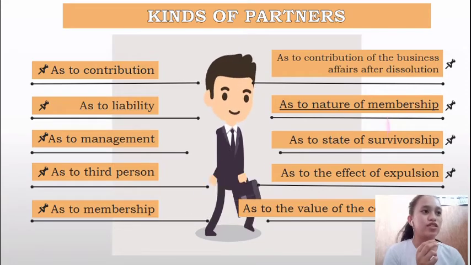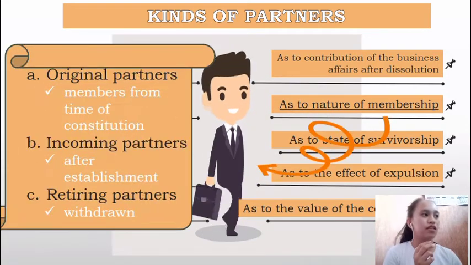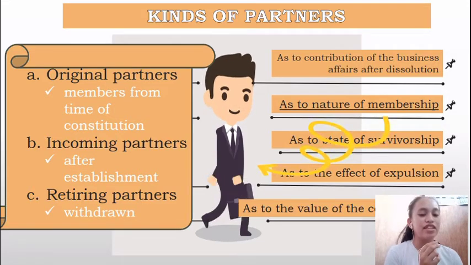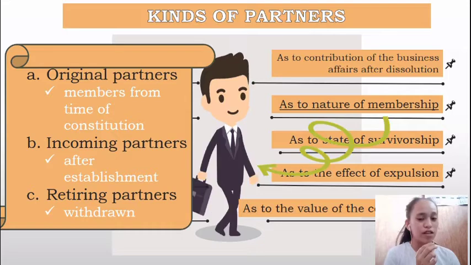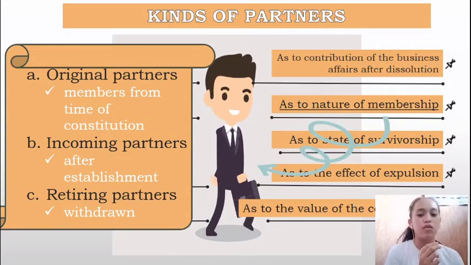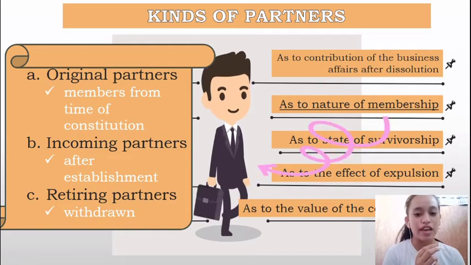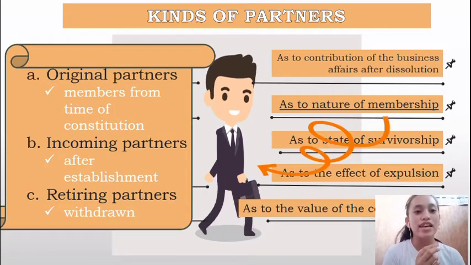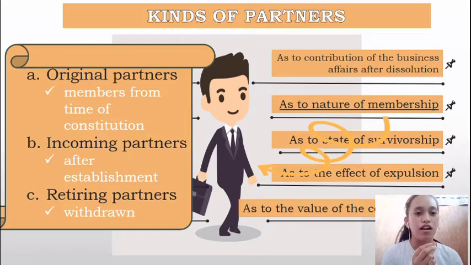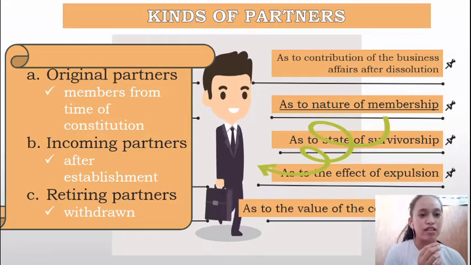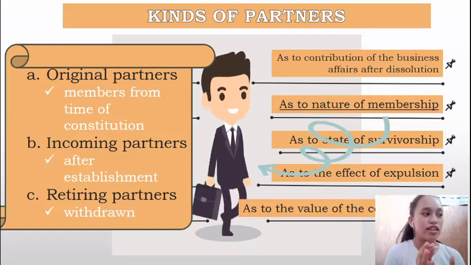Another classification of partners, as to the nature of membership, could be original partners, incoming partners, and retiring partners. Original partners are those who are members of the partnership from the time of its constitution, or since the beginning of the formation of the partnership. They are already members.